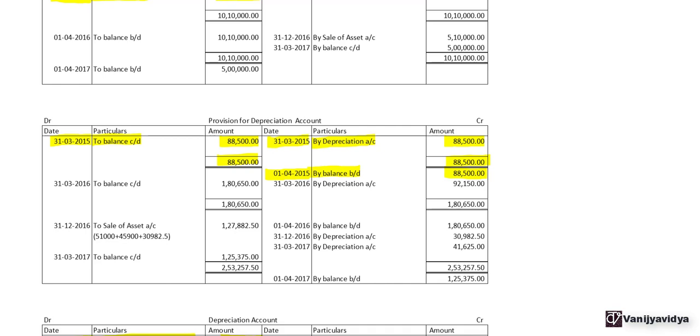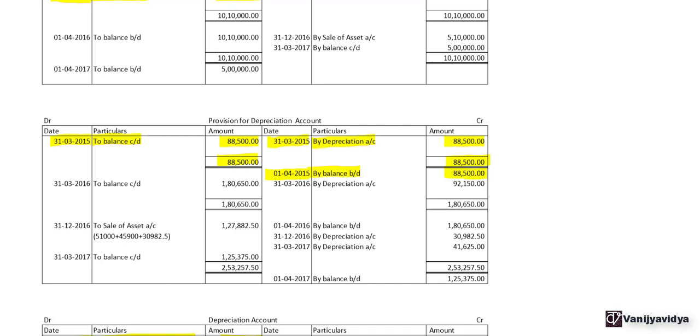Whereas in the case of the previous method, wherein the depreciation was directly charged to the fixed asset, the asset account was reflected at the WDV, that is, the balance carried down and brought down was the WDV as at the end of the particular period.